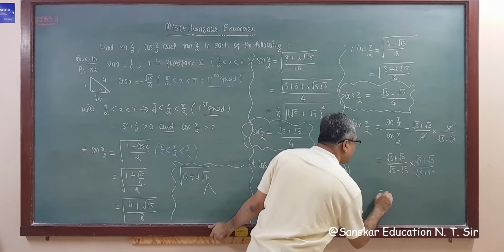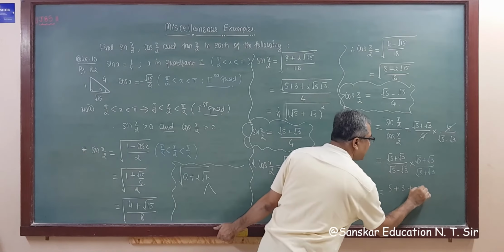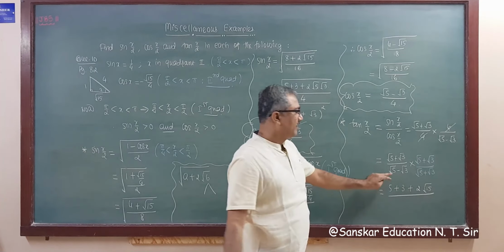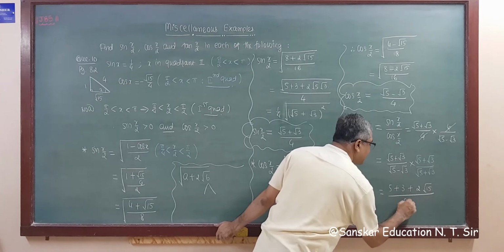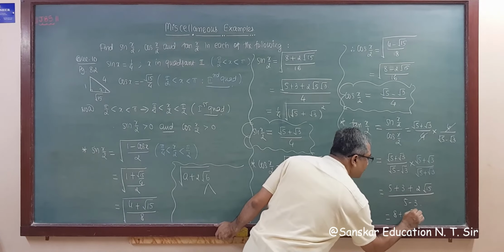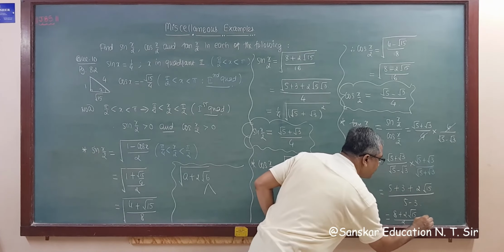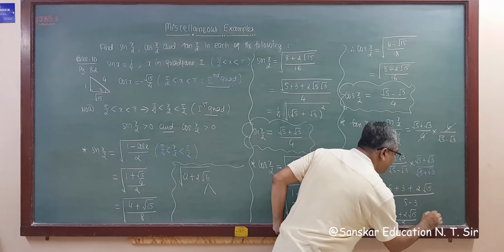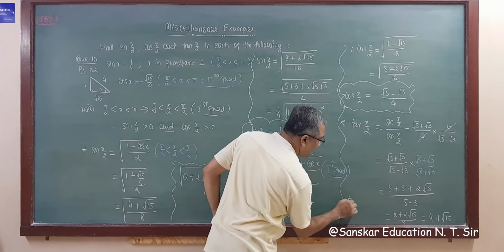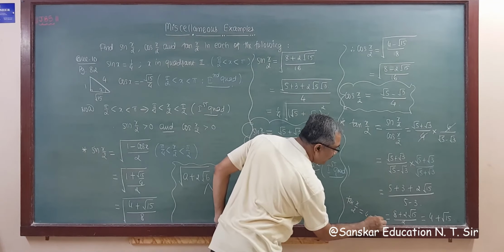Expanding this, a square is 5 plus b square is 3 plus 2 times 5 into 3, root 15, divided by, for the denominator, root 5 square is 5 and root 3 square is 3, so 5 minus 3. So this is 8 plus 2 root 15 divided by 2. Dividing by 2, we get 4 plus root 15. So tan x by 2 is equal to 4 plus root 15.